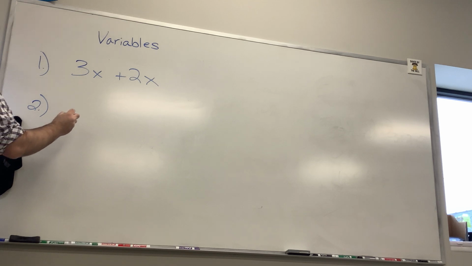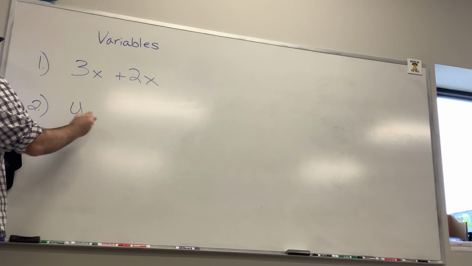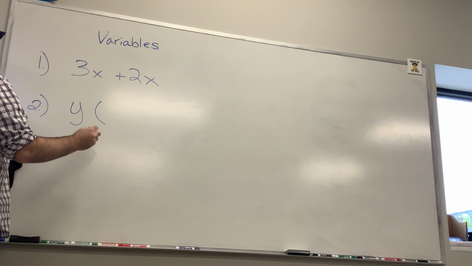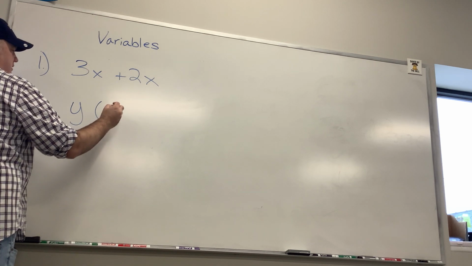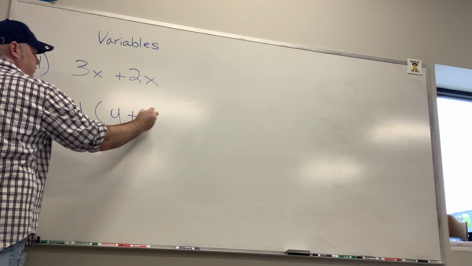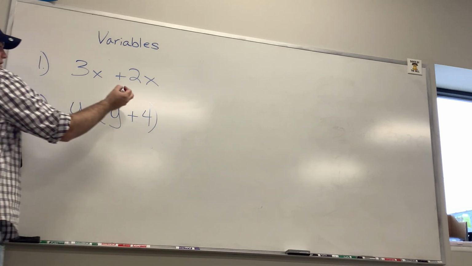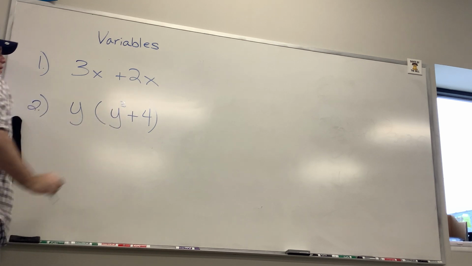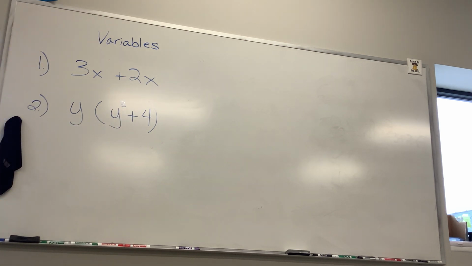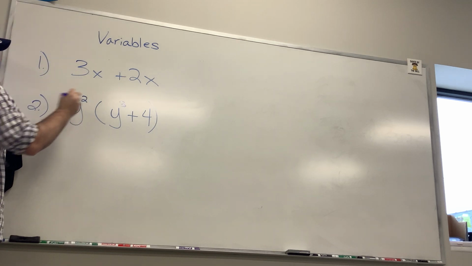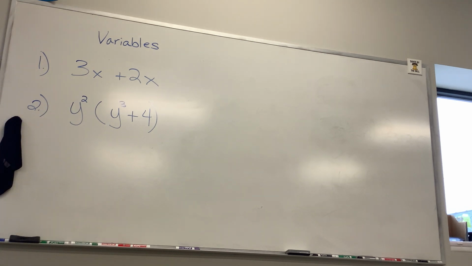Let's say I have y cubed plus 4, okay? And since we're adding things, just for this example, I'm going to add in a square here. When I do this first one, then we'll do some others that are a little bit harder.